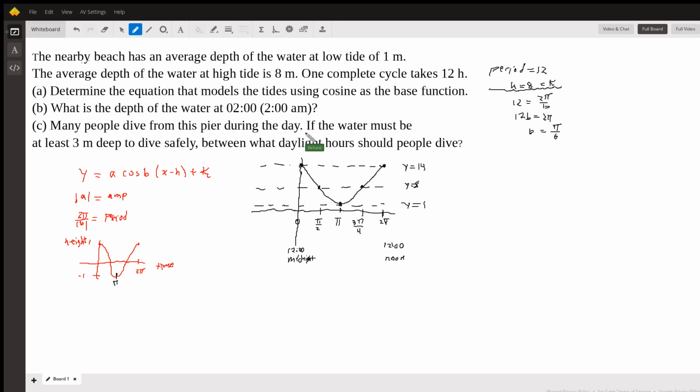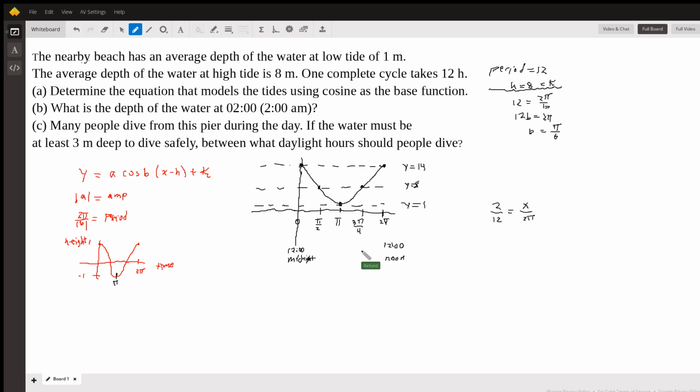Okay, so to figure out 2 a.m., we just have to do some ratios. So I would say 2 over 12 is equal to x over 2 pi here, to try to get that ratio proper. So 2 a.m. is going to be here.